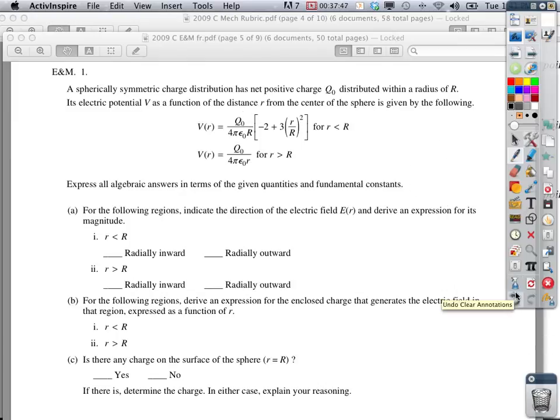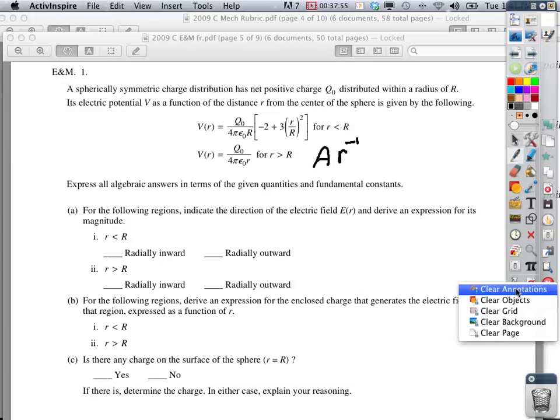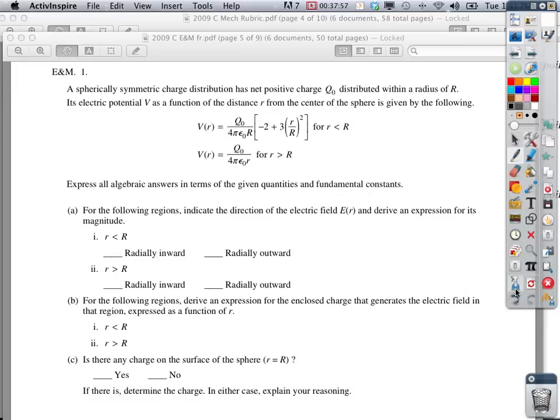Right, and then this one you're fine with, right? It's like a times r to the minus 1, so you get negative a r to the minus 2.